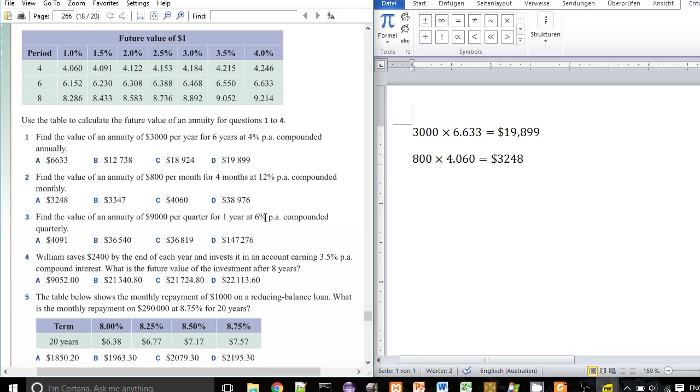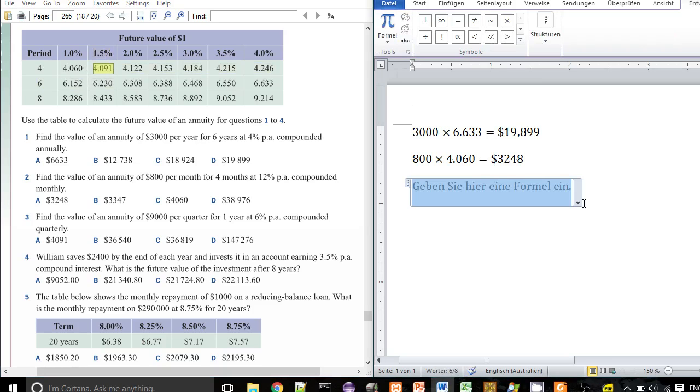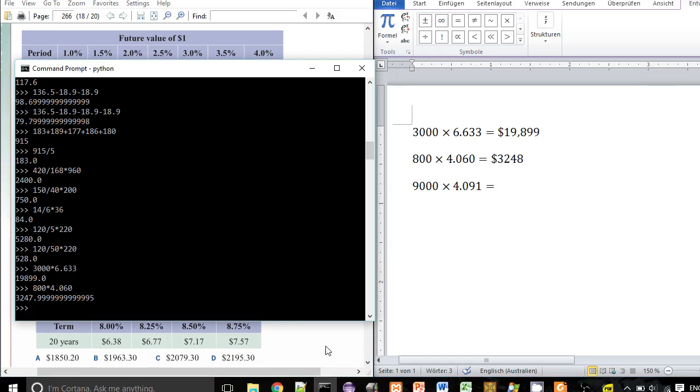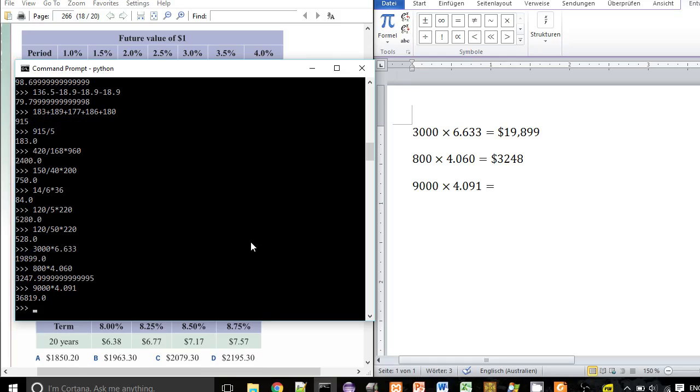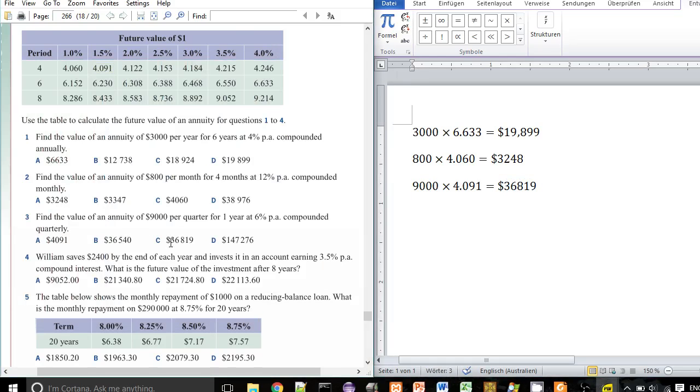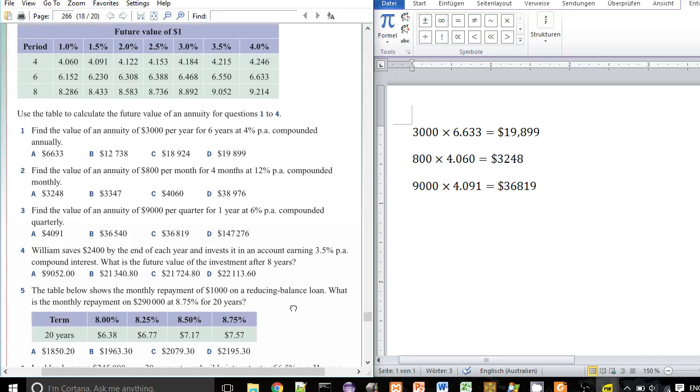So a quarter of that is 1.5%, and 4 periods, so 4.091 is the key thing. 9,000 times 4.091 is 36,819. Perfect. Hopefully. So C is my answer.